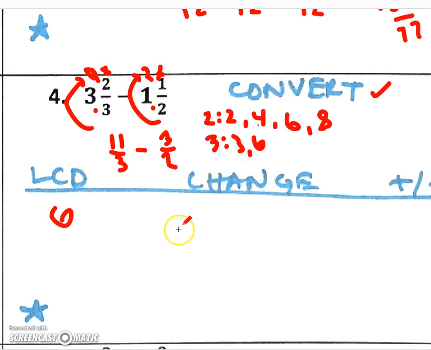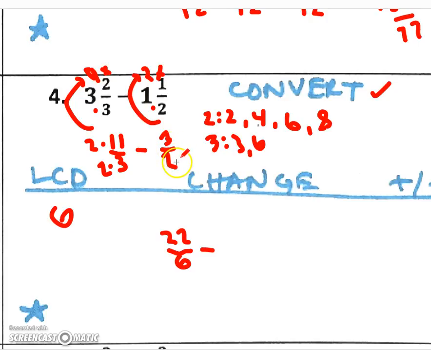Well, now we got to change it. So, I have to ask myself, what do I have to multiply 3 by to make 6? Well, I got to multiply it by 2. Whatever I do to the bottom, I do to the top. 3 times 2 is 6. 11 times 2, 22. My new fraction is 22 over 6. Now, this is a minus problem. I'm going to put that down.